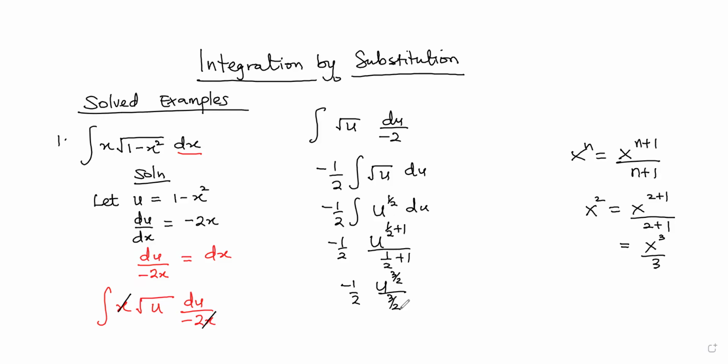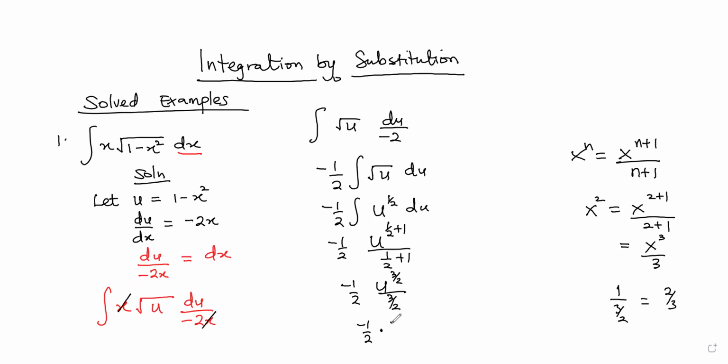So if you look at it carefully, we have minus 1 over 2 here, and over here is the same as having 1 over 3 divided by 2. So it's going to give you 2 on 3.